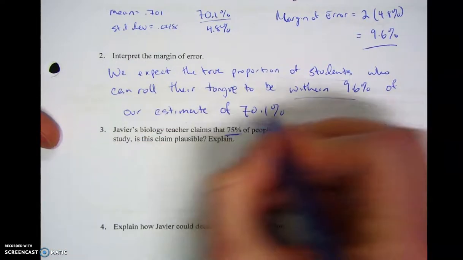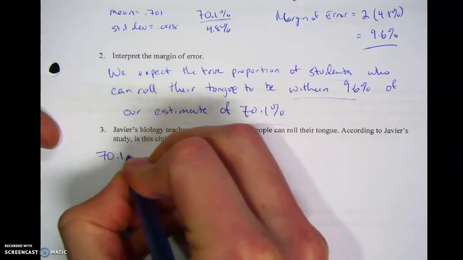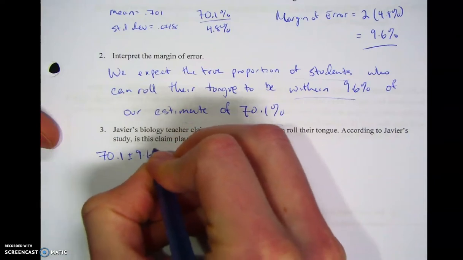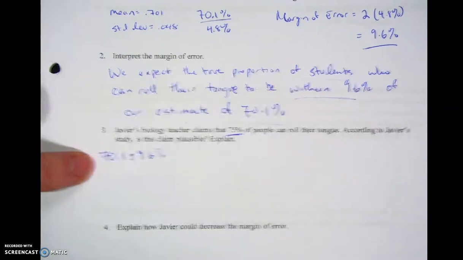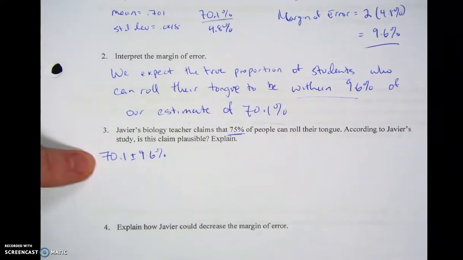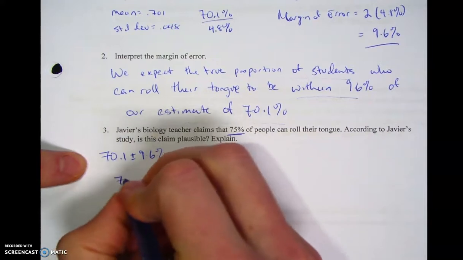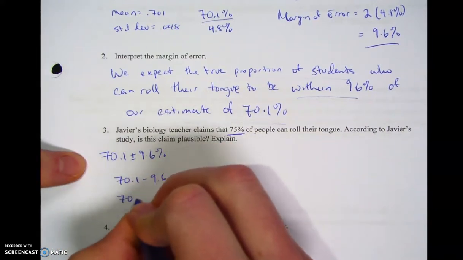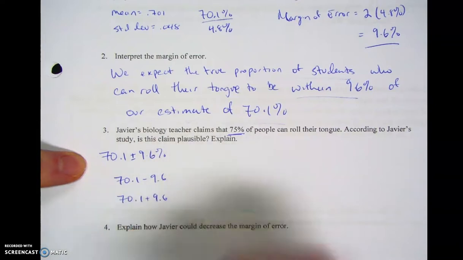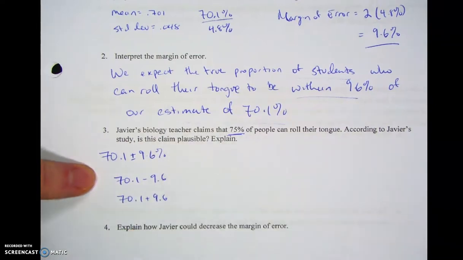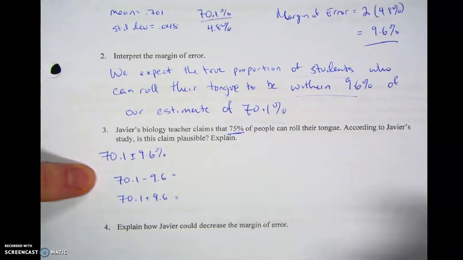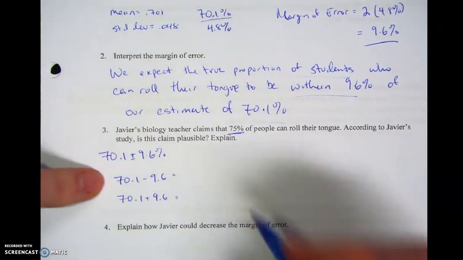We really think of this as 70.1% plus or minus 9.6%. So think of it as a plus or minus. Figure out what that plus and minus are: 70.1 minus 9.6, 70.1 plus 9.6. That's the edges of our margin of error, and if it's within that, it's plausible. If it's not, then it's not plausible.